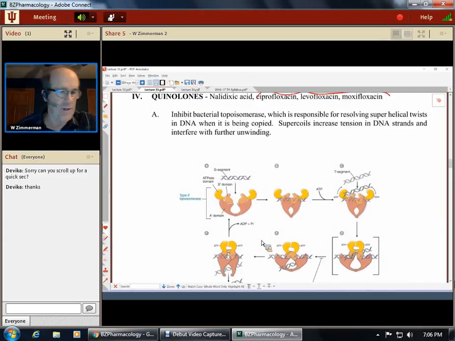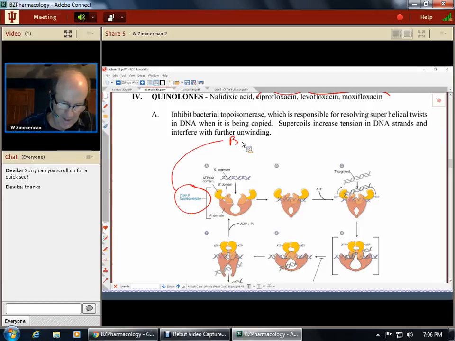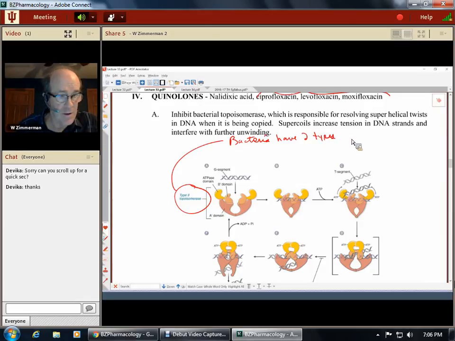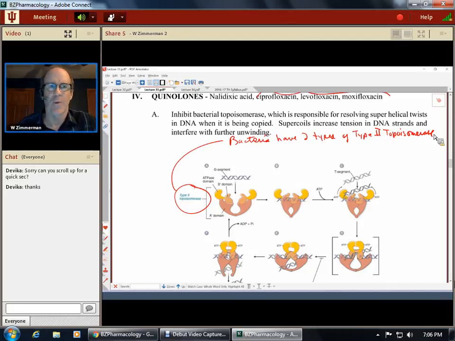Let's see, a note on topoisomerases, as if everything else wasn't confusing enough. This diagram looks at topoisomerase 2. We've seen something very similar with the cancer lectures, but I just want to mention bacteria. They have two types of type 2 topoisomerase, and this will help keep things clear.